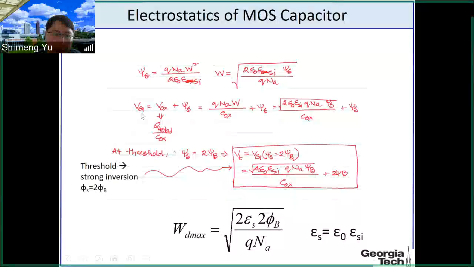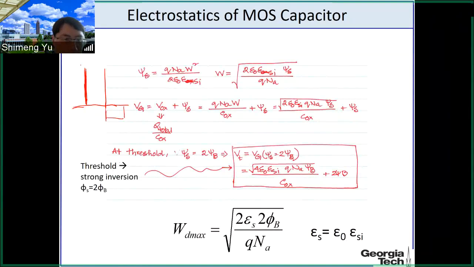And then this Vg, as we just discussed, has two components. One is Vox, the other one is phi s. So Vox is the voltage across the oxide. Then we can think about the capacitor structure here. We have the positive charge on the metal, and then we have the Na minus in the depletion region.